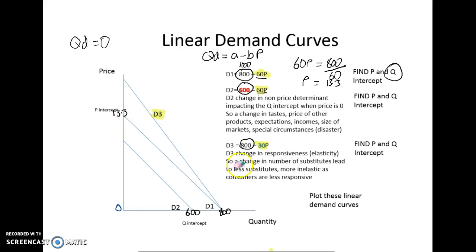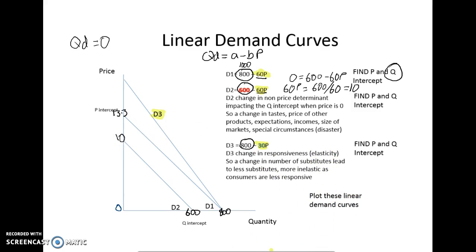Okay, so now we need to do the same for D2. To find the p-intercept here, we set 0 equals 600 minus 60p, add 60p to both sides, 600, then divide that by 60 to leave us with p, and that gives us 10. Okay, so that becomes 10.